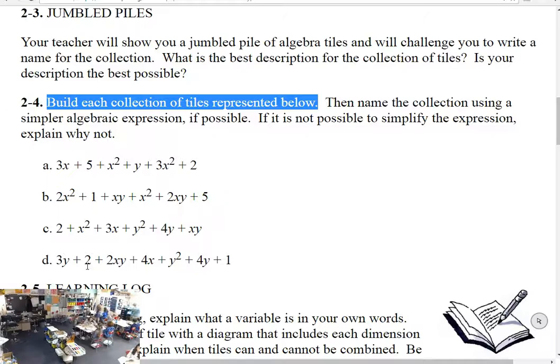So it's only 2x squared. A positive x squared will cancel out a negative x squared, and vice versa.